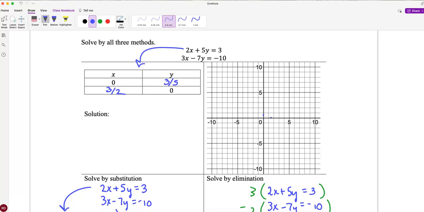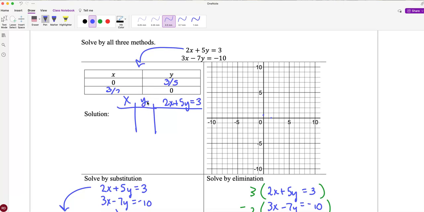Okay, I can plug in another point. If I plugged in, say, a 1 for y. So look at this equation, 2x plus 5y equals 3.